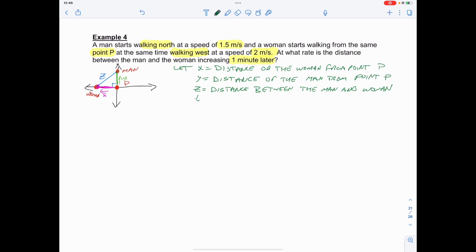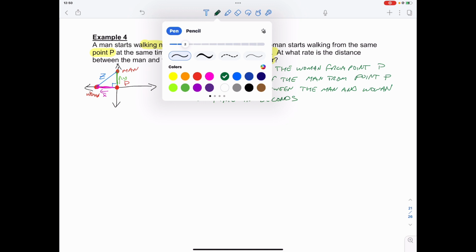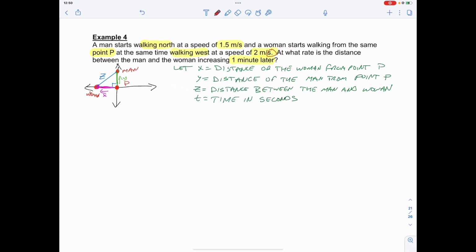And we're going to let T represent the time in seconds. Once again, my rate is in seconds.